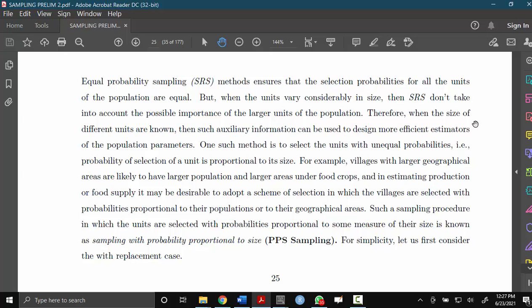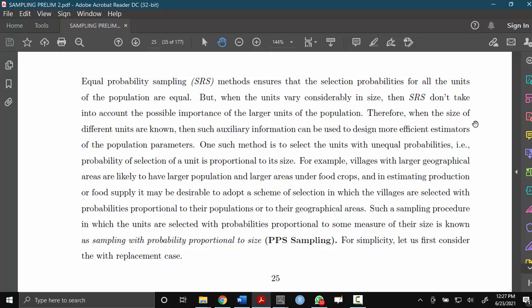That means the probability of selecting any unit in the sample is proportional to the size of the units. So some size measure.